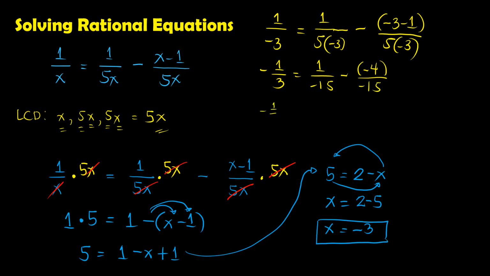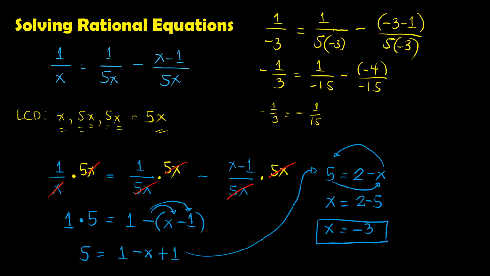Negative 1 over 3 is equal to, gitna natin yung negative sign. Okay lang yan. Then, kung mapapansin nyo, sa sign natin, this is subtraction, pero meron tayo ditong dalawang negative, diba? Negative and negative will become positive. Yung positive, pag multiply sa negative, is still negative.